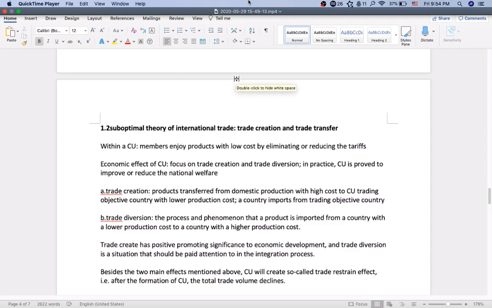So this means it is imported from the relatively high production cost country instead of importing from the low production cost country.